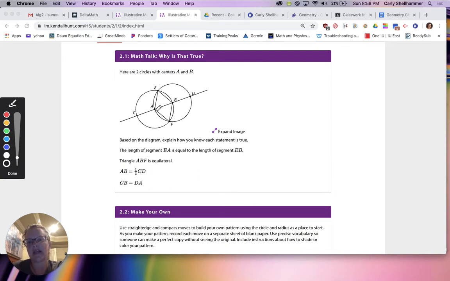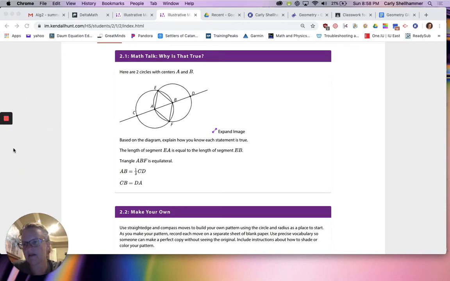And we can also say that CB, which is, let's call it yellow, CB is equal to AB. AD, sorry, or DA.